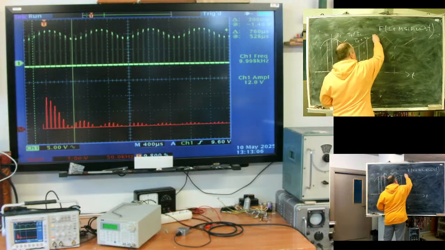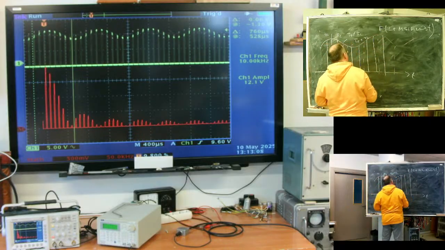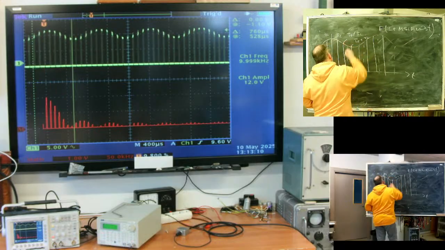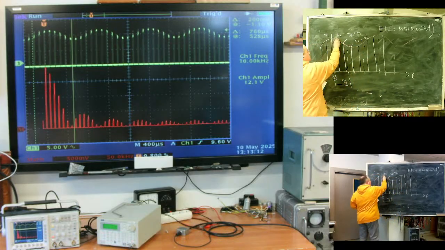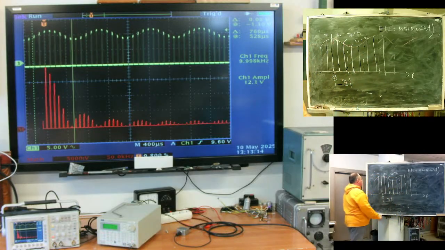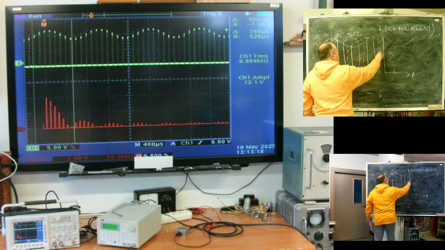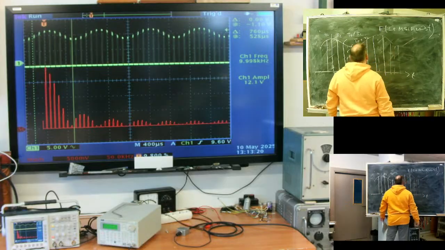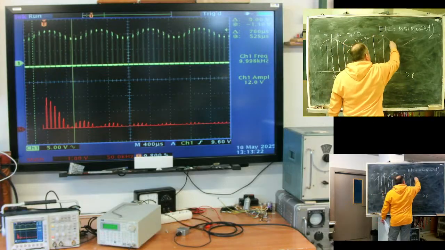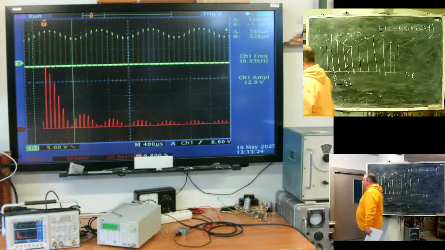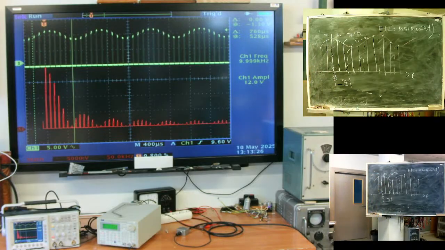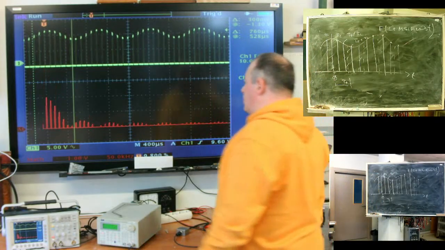And next one, and next one. One pulse, second, third, one more, and so on. A sequence of pulses modulated with a harmonic signal.